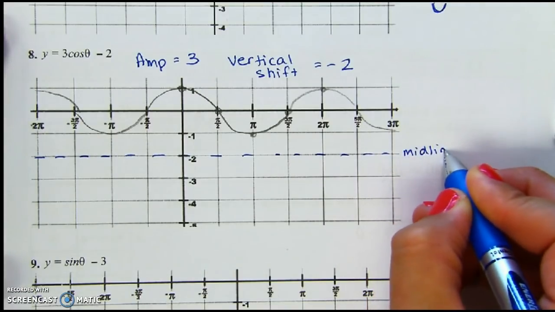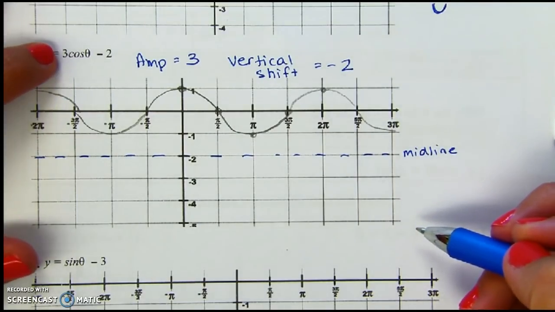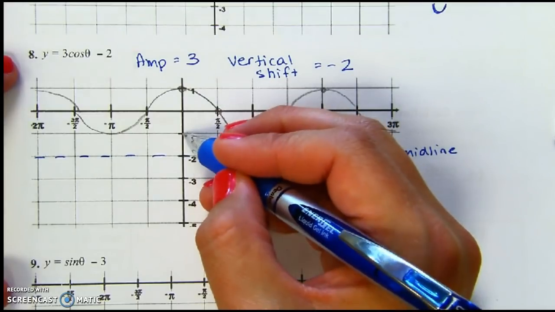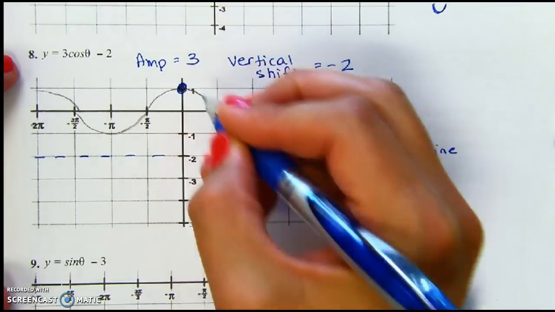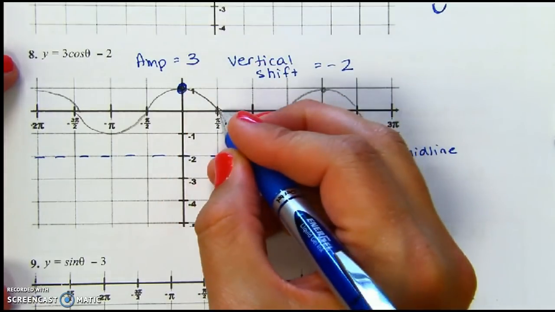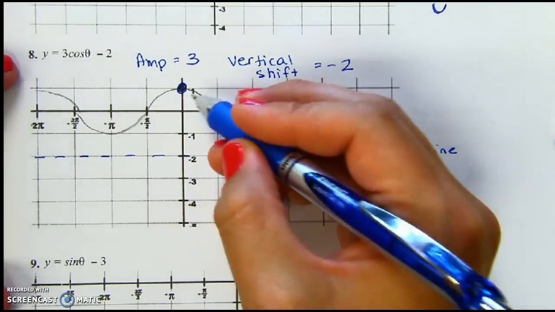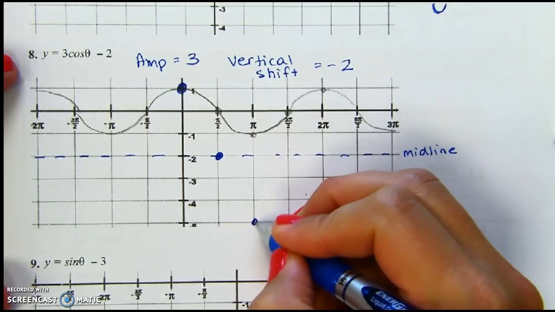And then from the midline, usually we go up 1 or down 1, but now we have an amplitude of 3. So from the midline, not from the origin anymore, we're going to go up 3. 1, 2, 3. Okay, oh, we're at the same spot. And then here, this was on the midline, so we're going to put that point on the midline. So we went from 3 to the midline, and now we're going to go down 3.